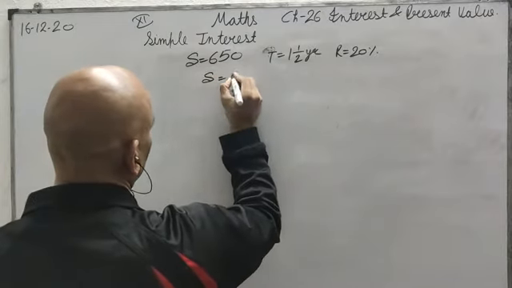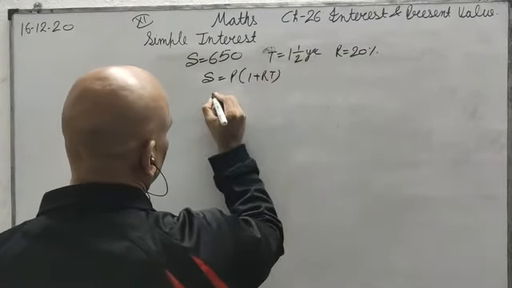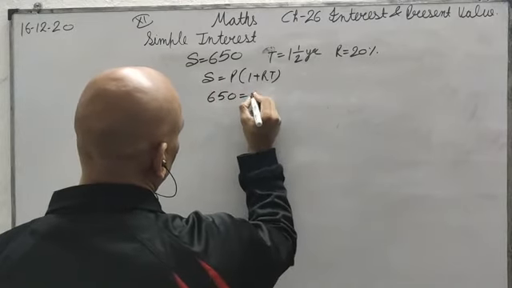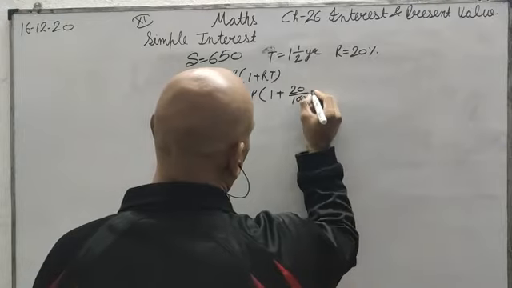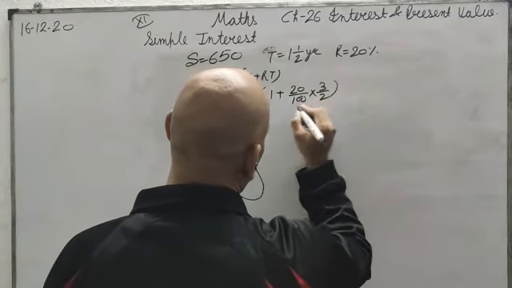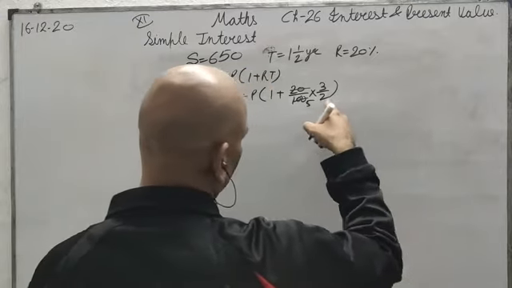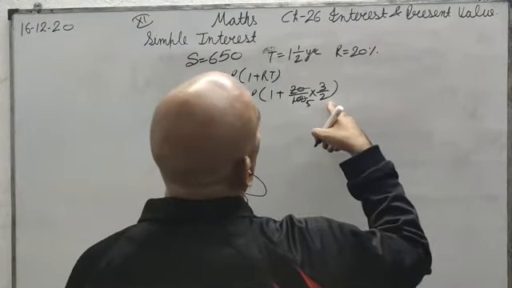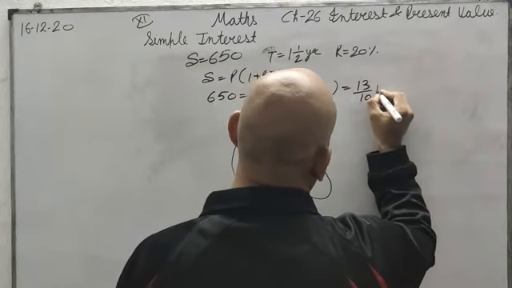So S is equal to P(1 plus RT). This is 650 is equal to P, which we want to get, R is 20 upon 100, time is 3 by 2. 2 fives are 10, 10 plus 3 is 13. So 13 by 10 P.